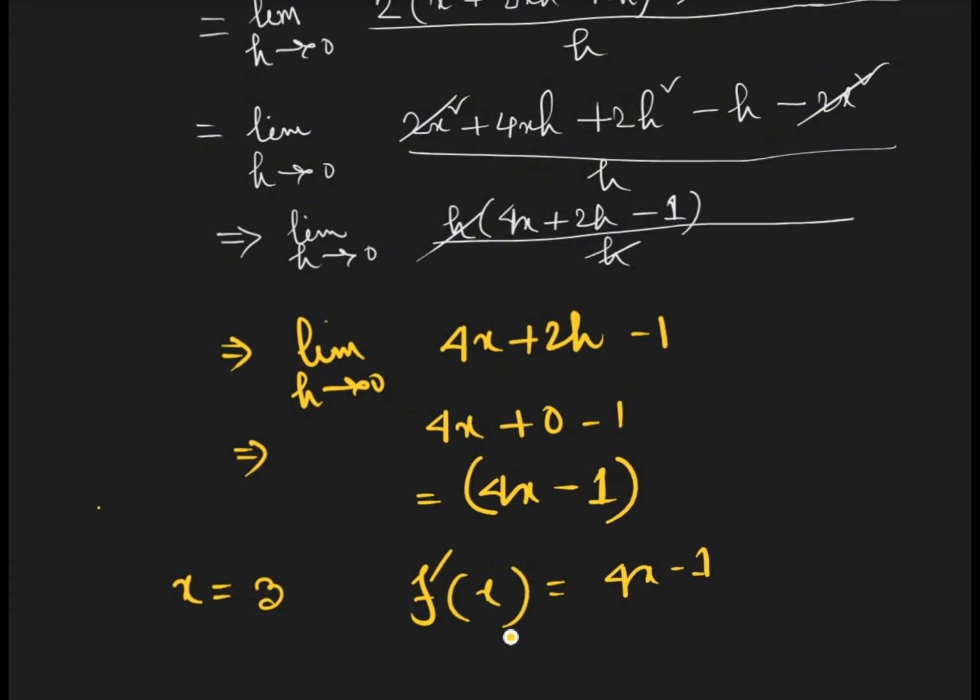We have to use 3, because the value of x equals 3. So instead of 4x, we plug in 4 times 3 minus 1. So the final answer will be 11. So this is the final answer, or the other part of this question's answer.